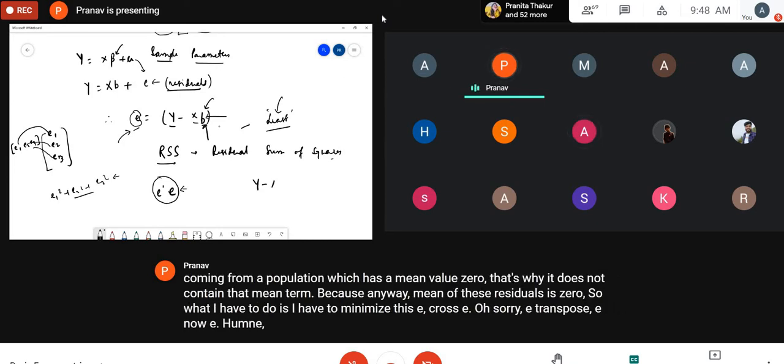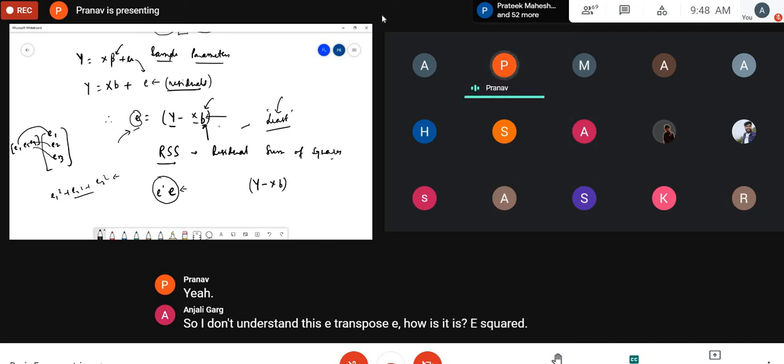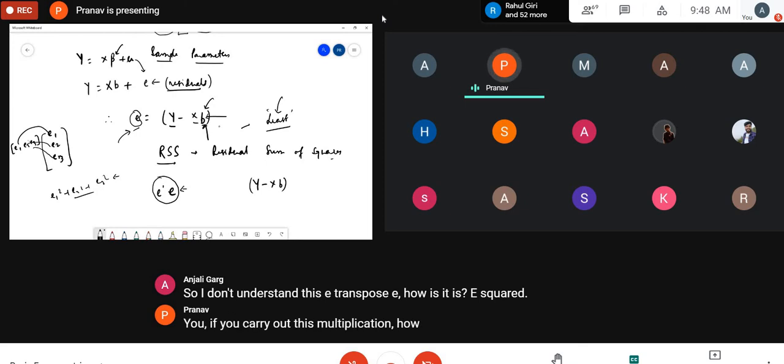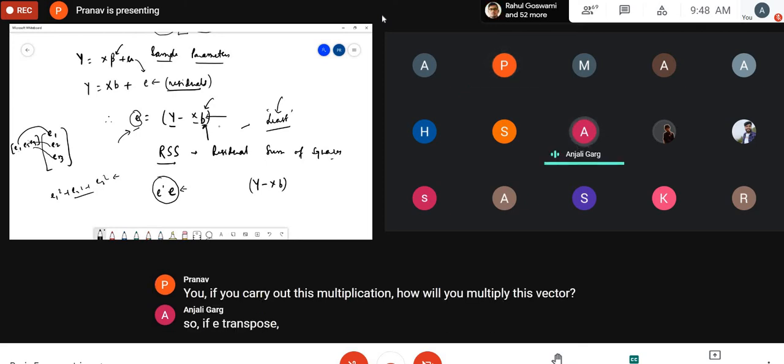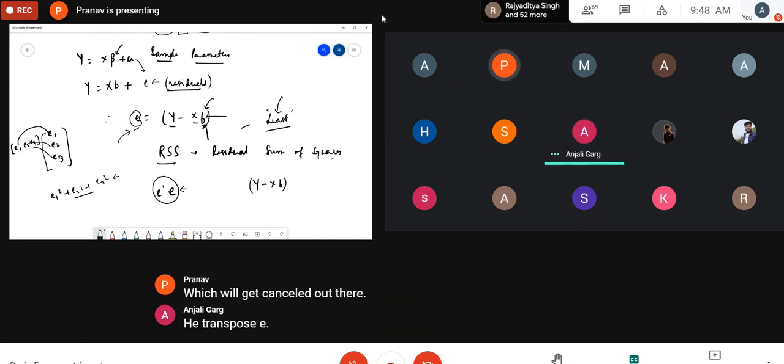Sir, I don't understand this E transpose E. How is it E square? If you carry out this multiplication, how will you multiply this vector? Sir, E transpose E will get cancelled out. Which will get cancelled out, dear? But why would it get cancelled out?